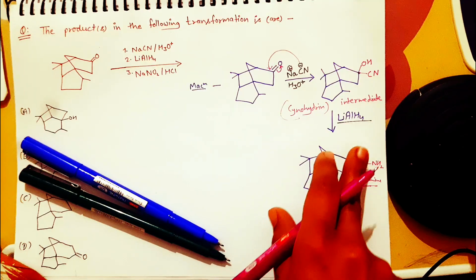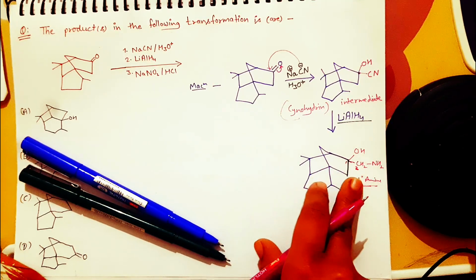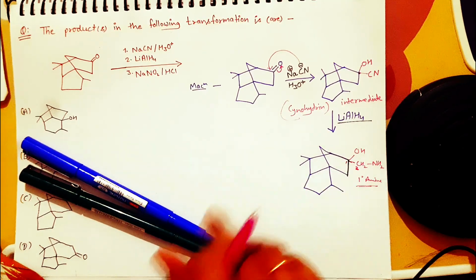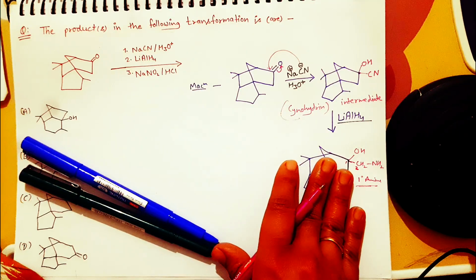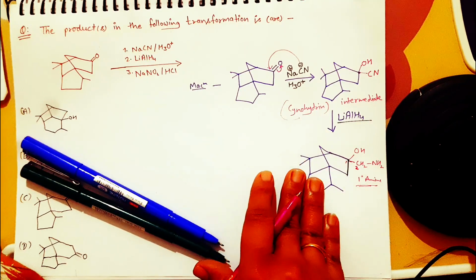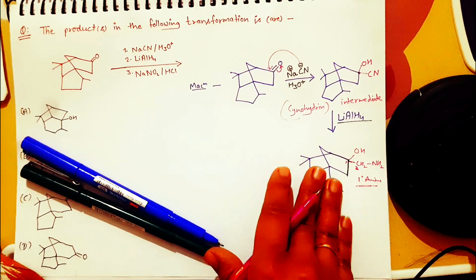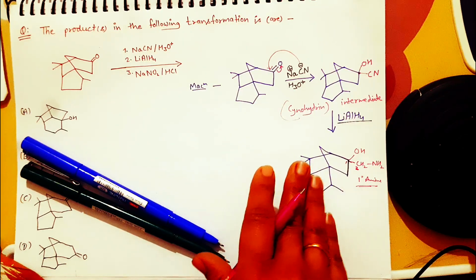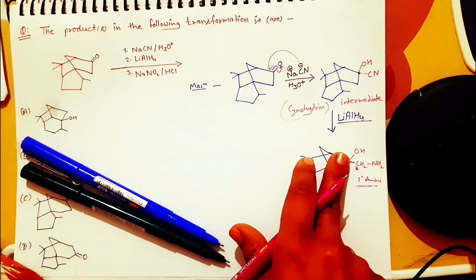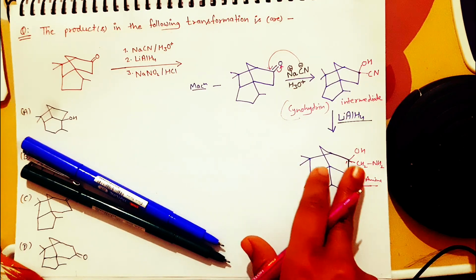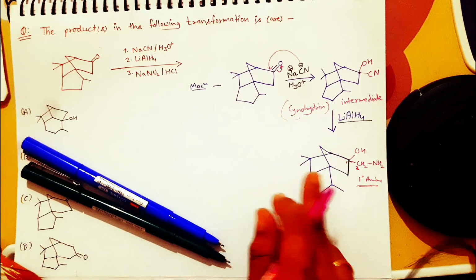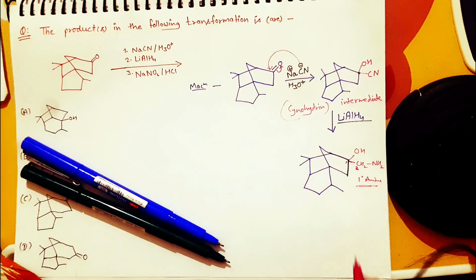So here a semipinacol or pinacol-pinacolone rearrangement happens. The pinacol-pinacolone rearrangement is a molecular rearrangement in which an atom or carbon group moves to an electron deficient carbon.